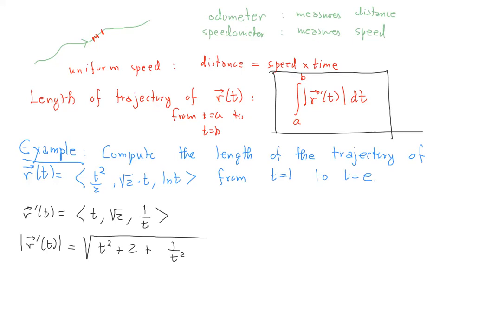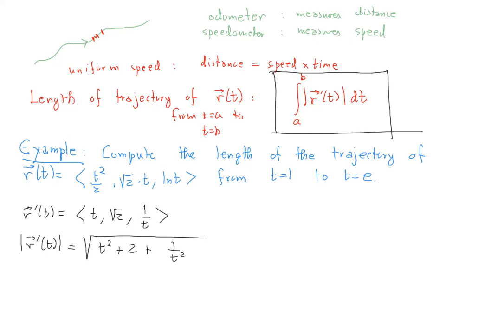But there is this little trick that if we were able to get rid of the square root, then we might be able to come up with a much simpler integrand.